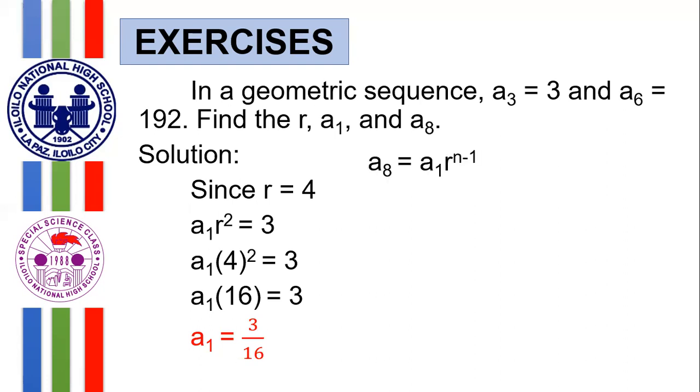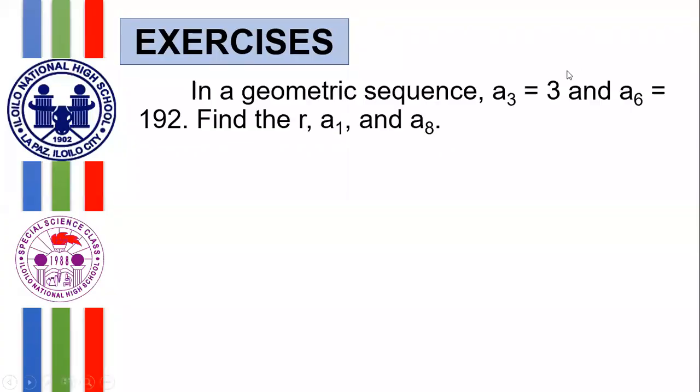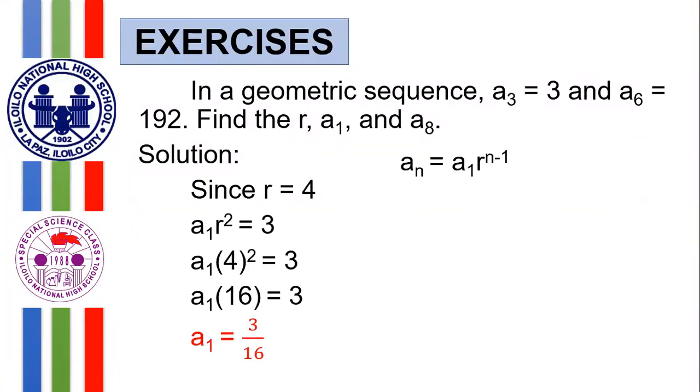And now, since we have the value of the first term and the common ratio, it is now possible to get the value of your 8th term. That is why substituting it to its explicit form, which is a sub n equals a sub 1 r to the n minus 1, replacing all n's by 8, because your subscript here is 8, and by substitution of your a sub 1 and common ratio, you get a sub 8 equals 3/16 times 4 raised to 8 minus 1.